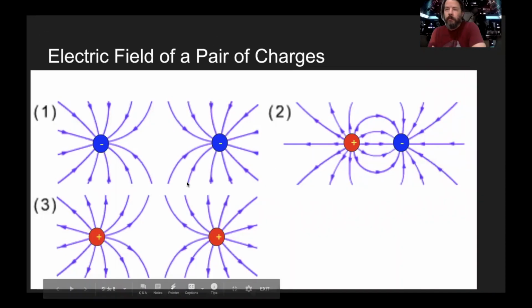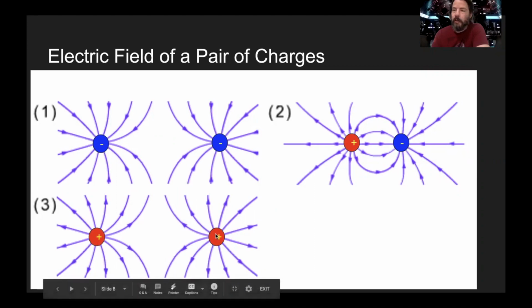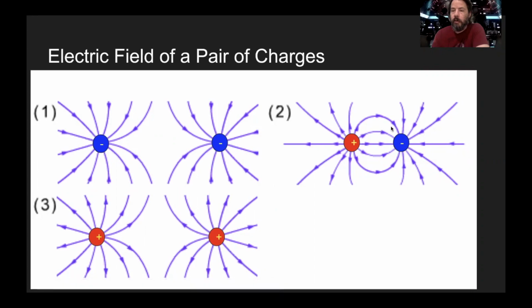So now let's look at the electric field of a system of charges. So we've got a negative and a negative. So if they're like charges, what are they going to do? That's right, they're going to repel. Positive and positive, like charges, what are they going to do? They're going to repel. Positive and a negative, opposites attract, so they're going to come together.